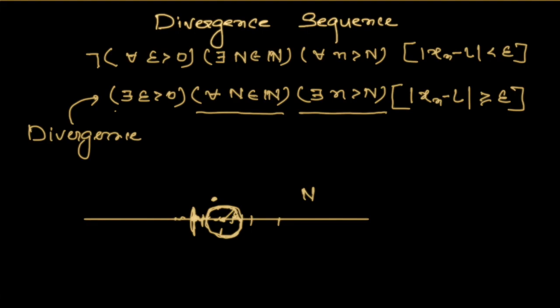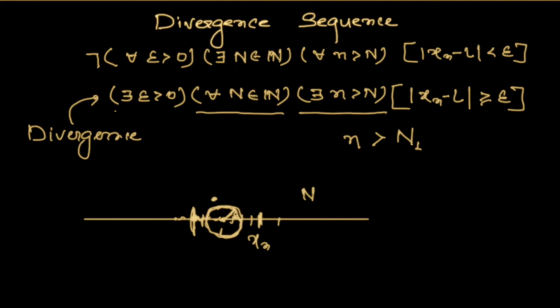Suppose you fix an N. Then you will get a natural number that satisfies this condition, |xn minus L| greater than or equal to epsilon. It means that you get a term, call it xn1, which is outside this epsilon ball.